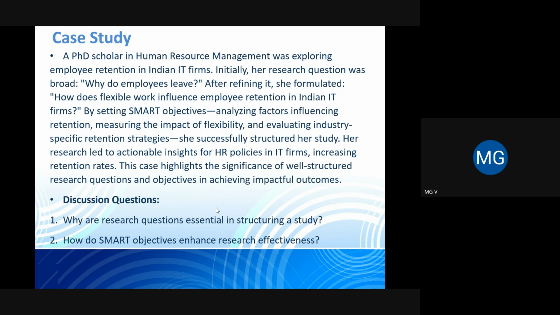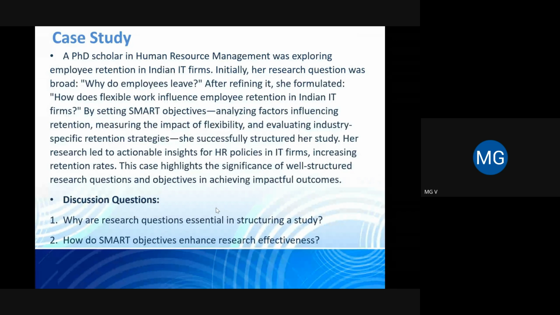They guide the study. They pave the way for the research. Okay, what else? They guide the study's focus, methodology, and relevance, ensuring meaningful outcomes.